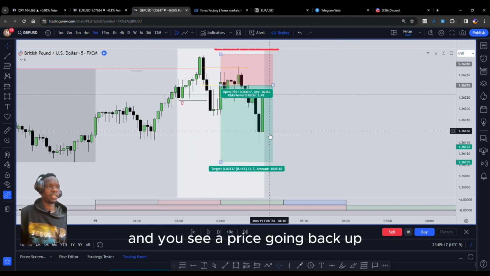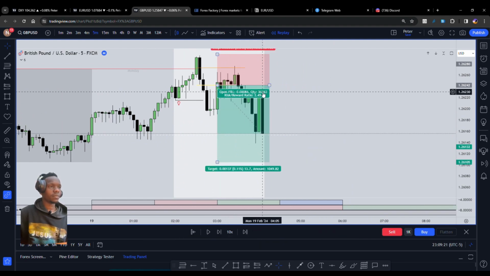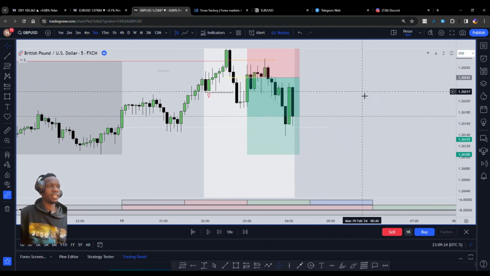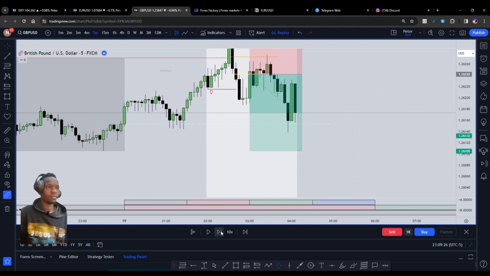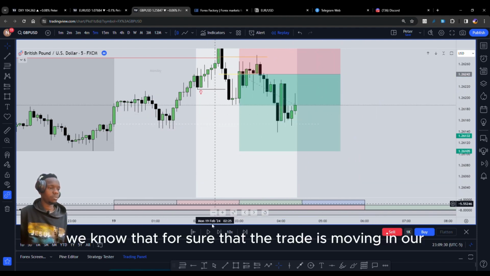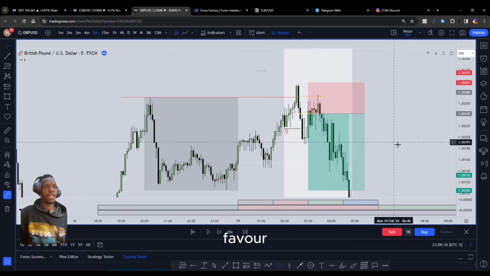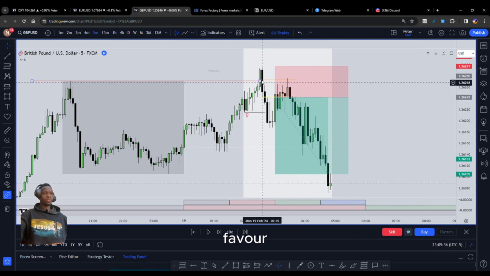And you see price going back up, and then immediately rejects, and at this point we know for sure that the trade is moving in our favor. So yeah, those are the 2 trades that we saw.